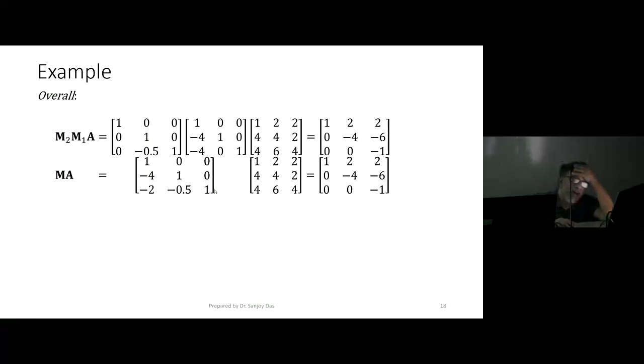One interesting fact that you'll observe is this matrix M is also lower triangular. The product of lower triangular matrices is always lower triangular. Okay, something that you need to remember.